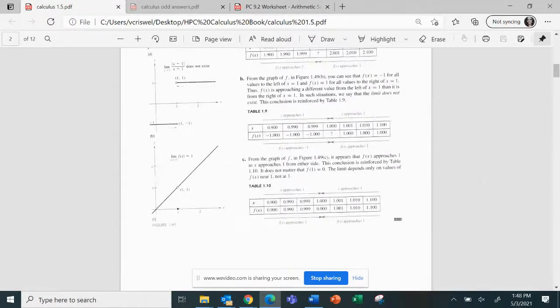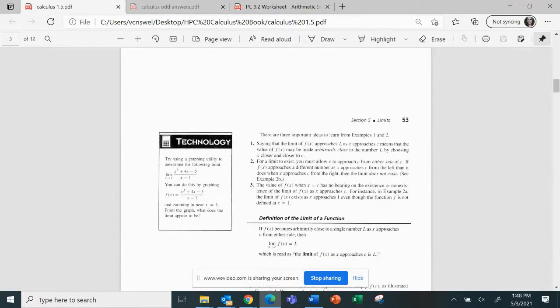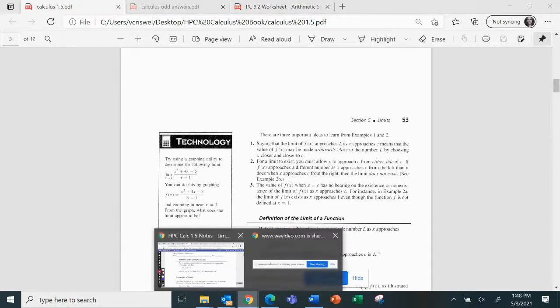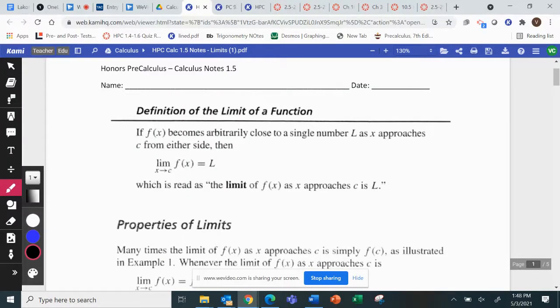So those are 2 methods of finding limits. There are 3 total methods. And we've kind of started the third one. We've done a little bit of the third method as well when we were doing chapter 2.